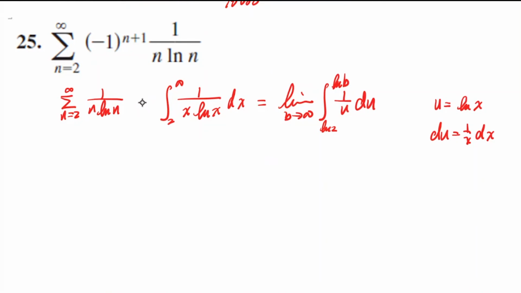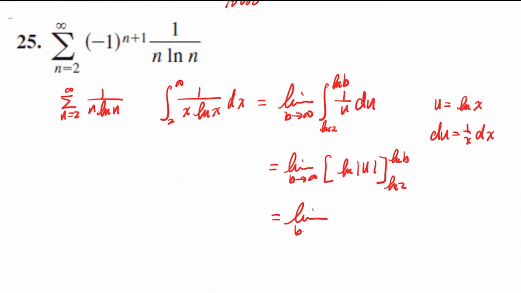You notice that I didn't put any direction here yet. But now I can see this is definitely divergent, isn't it? So this is the limit as b approaches infinity of ln u, good, from ln 2 to ln b. So this thing becomes the limit as b approaches infinity of ln b minus ln 2.